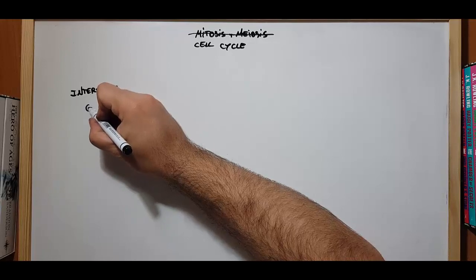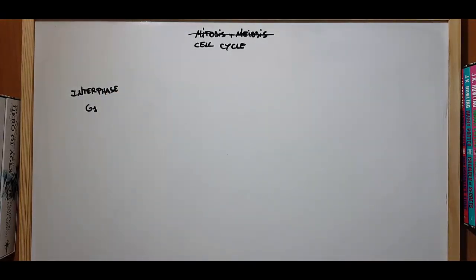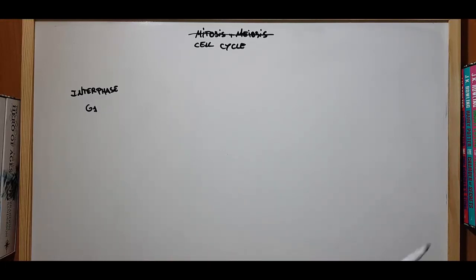First, we start in phase G1. In phase G1, the cell starts replicating things. All the organelles, in order to make another cell, we need to have two of everything, because if not, the new cell is going to have only half of the things, and we need to have everything.